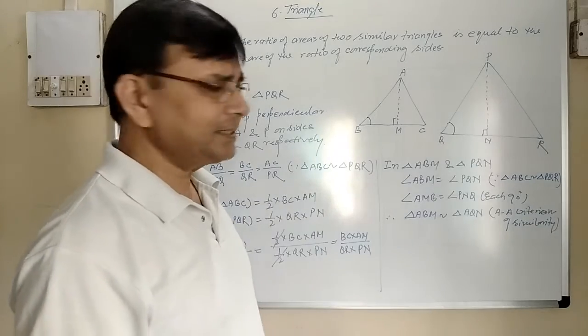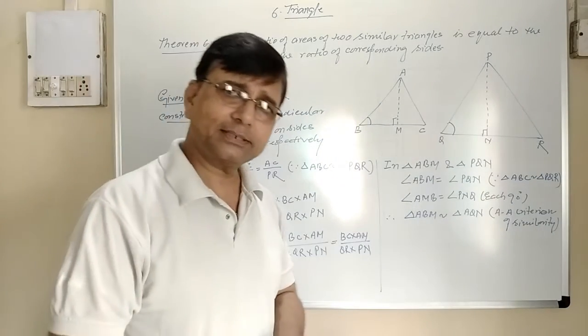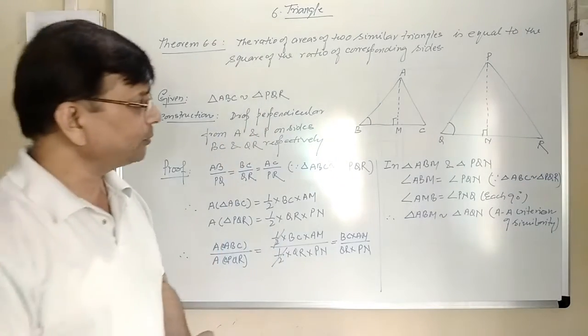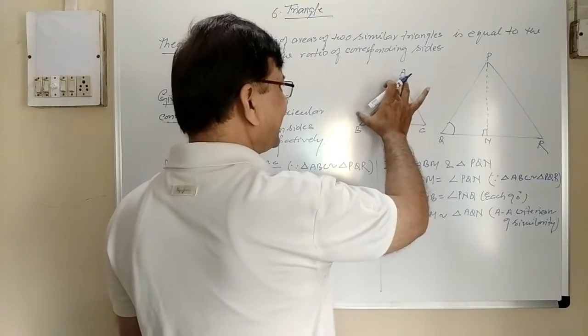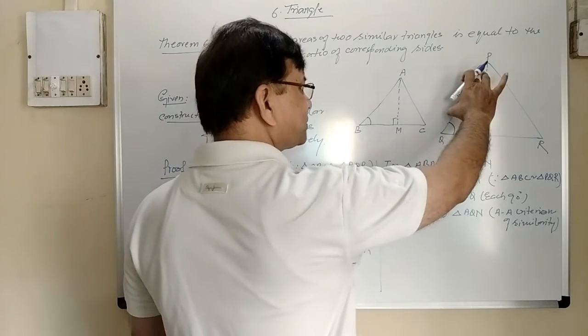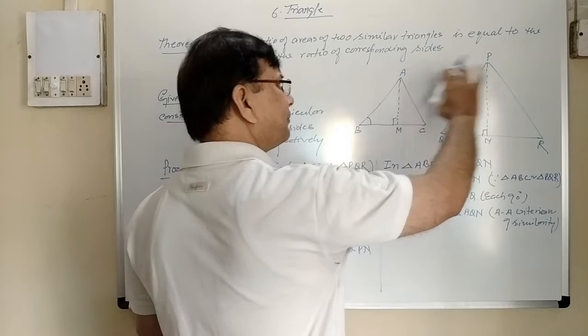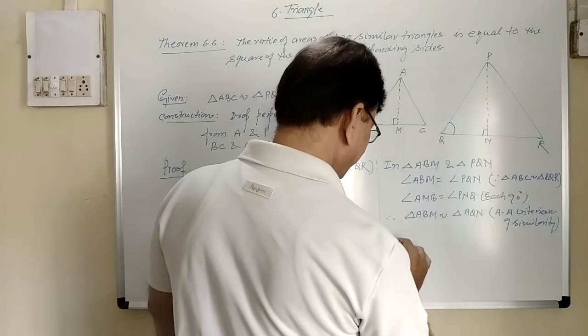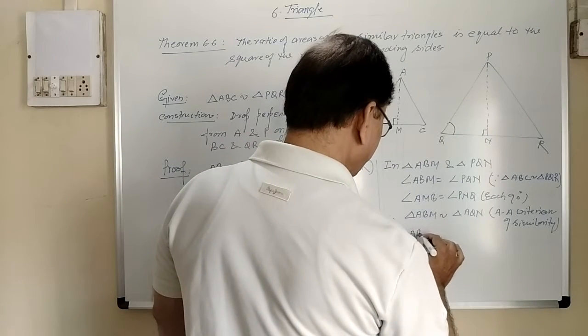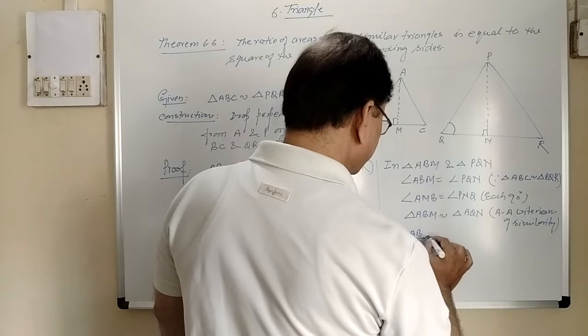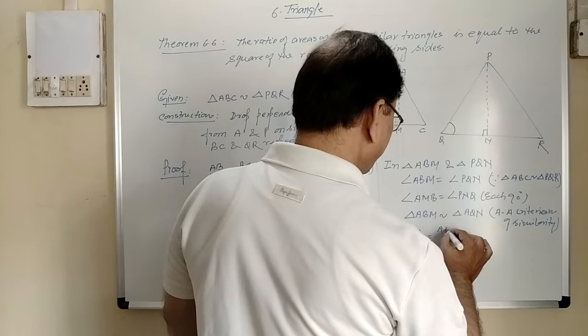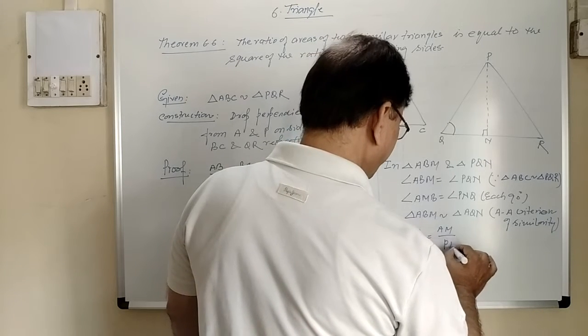When these two triangles are similar, it means the ratio of corresponding sides of these two triangles will also be equal. So corresponding side AB corresponds to PQ and AM corresponds to PN. Therefore, AB upon PQ is equal to AM upon PN.